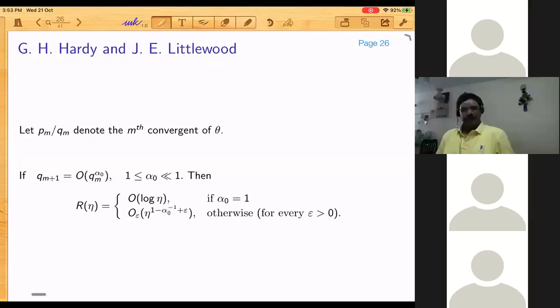Let's say Pm by Qm is the mth convergent of theta. So if Qm plus 1 is bounded by Qm to the power alpha naught for some alpha naught, then they say that this error term R eta is O of log eta if alpha naught is equal to 1.